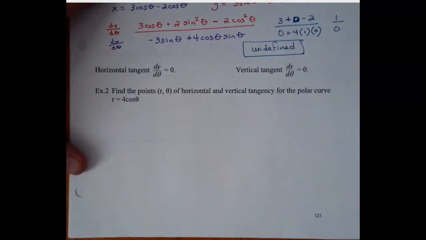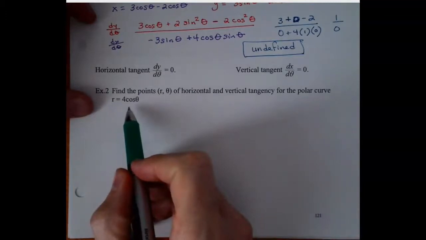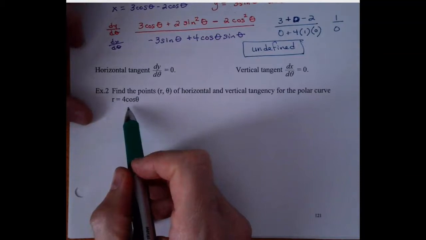So we can try this out. So if we look at this, r is x over cosine.